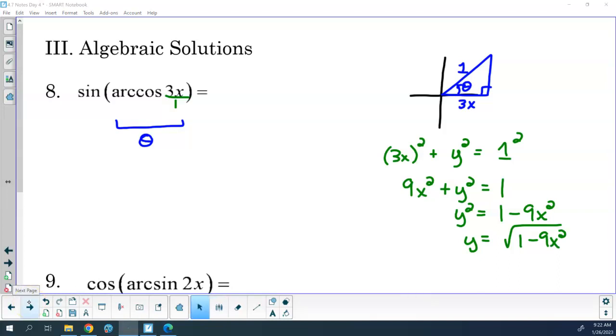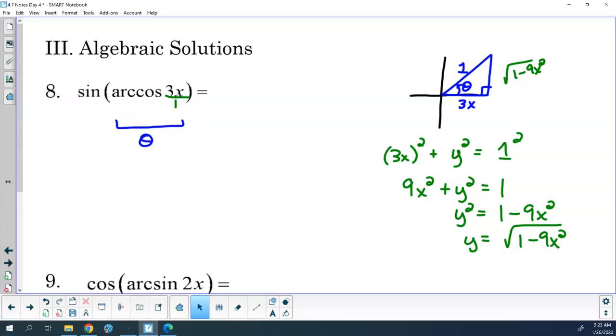Now, normally, we would have to put the plus or minus on there, correct? But because we're in quadrant number 1, it's just the positive, because the y value here in quadrant number 1 is positive. If we were in quadrant number 4, then it would have to be negative of that square root. Understand what I'm saying there?